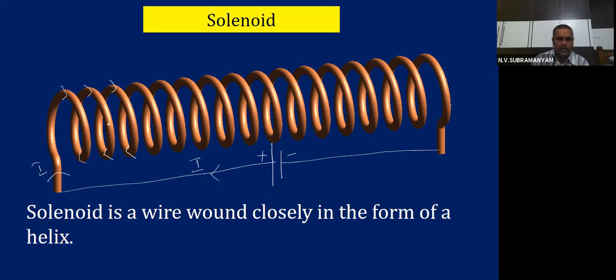So when current starts flowing, a magnetic field is produced due to the solenoid. You know that any current carrying wire produces a magnetic field. Already we have shown how the magnetic field lines look for a straight wire, for a circular loop, and for a solenoid. All these things we have shown with activity in our earlier webinars. You can refer also.